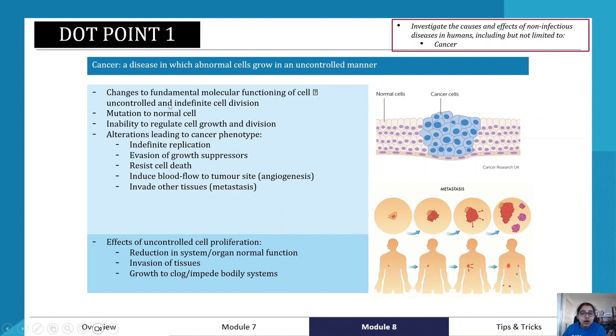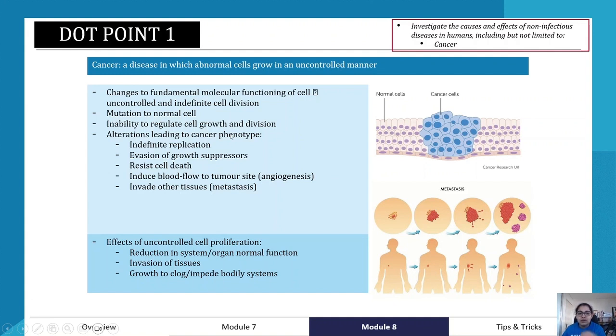It's uncontrolled and there is infinite cell division. Mutation to normal cells can also happen as a result, and inability to regulate cell growth. We will talk about benign and malignant tumors, but essentially cancer is when we see it spread throughout the body.